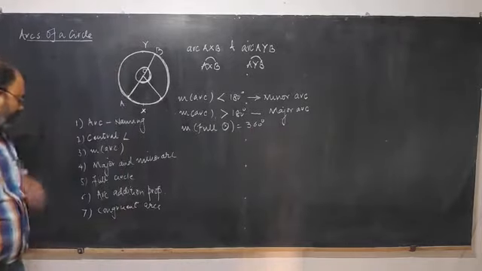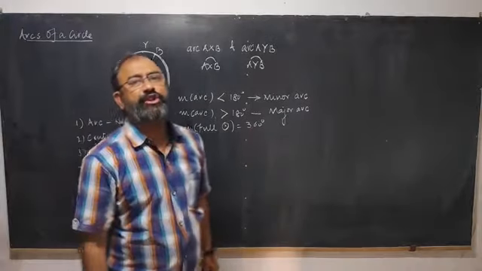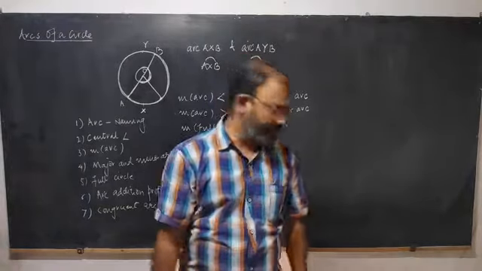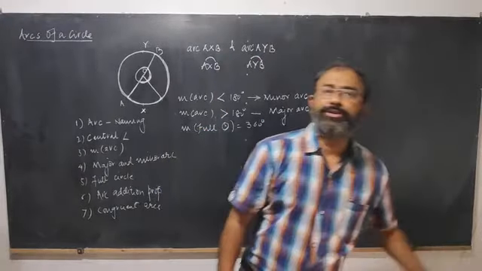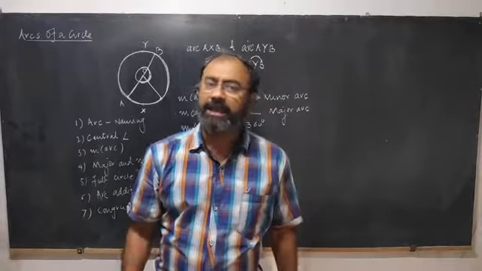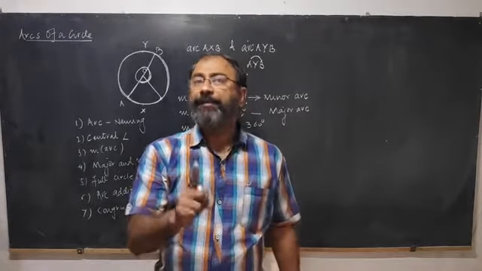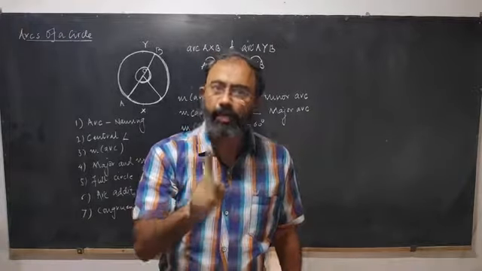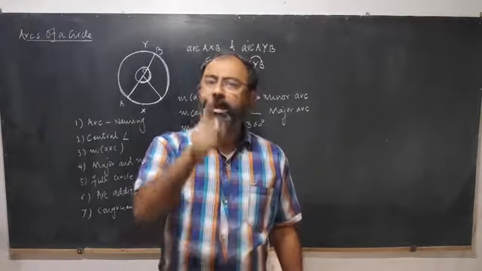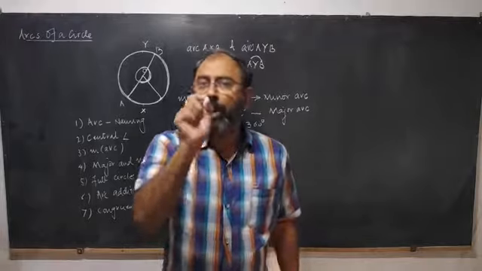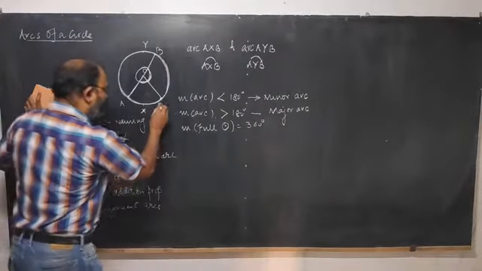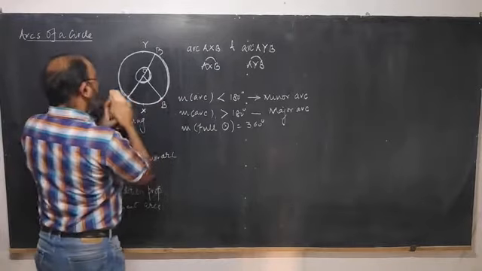Okay, then the next thing is arc addition property. Two arcs of the circle can be added if they have one and exactly one and only one common end point. Okay, so for example, let me take point B here.